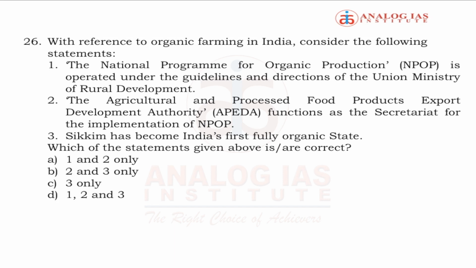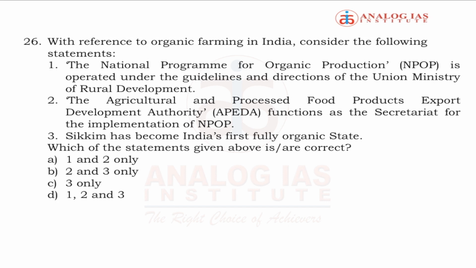And then statement number 3 says Sikkim has become India's first fully organic state. Yes, 75,000 hectares of the agricultural land has been fully converted for the purpose of organic farming, and this is more than 80 to 90% of the land area which is useful for agricultural practices.